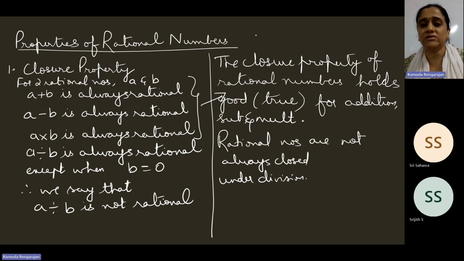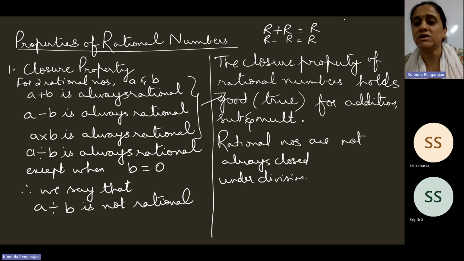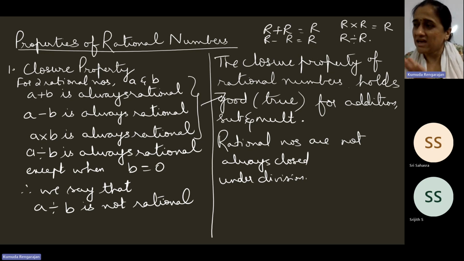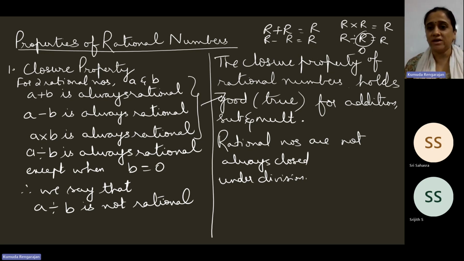So you can remember like this: rational number plus rational number is equal to rational number minus rational number is equal to rational number multiplied by rational number is equal to rational number divided by rational number is equal to rational number, except when this is 0. If that second number is 0, then it is division by 0, which is not defined.